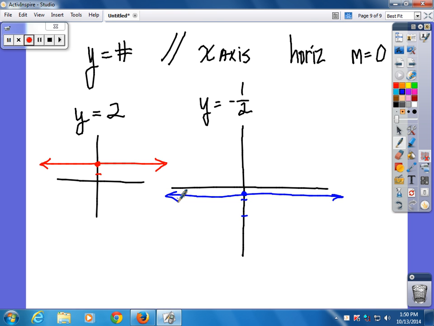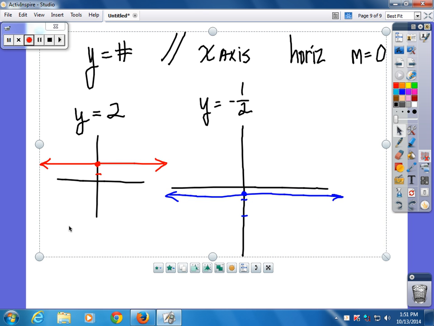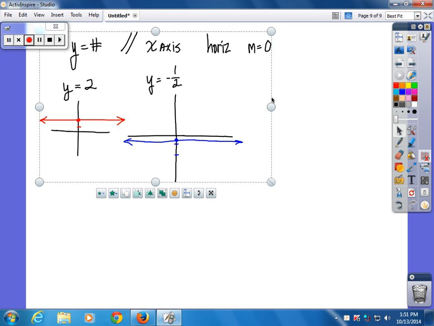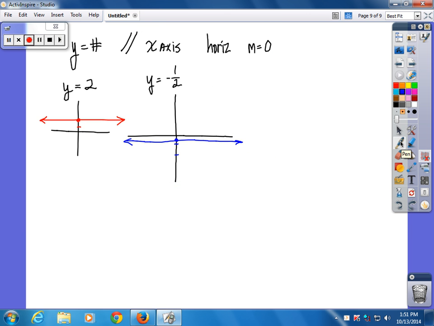Well, what about when x is equal to a number? Let me just make this smaller so people can still copy it. When x is equal to a number, what do you think it's parallel to? Let's go back up here.